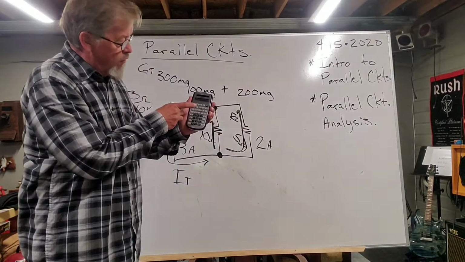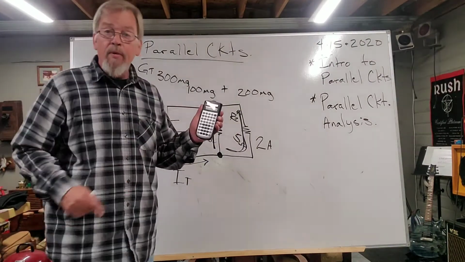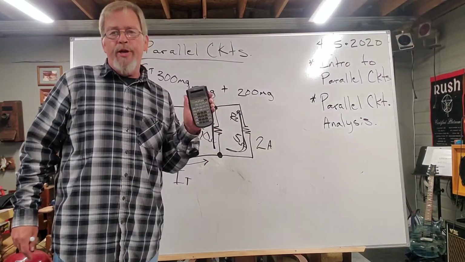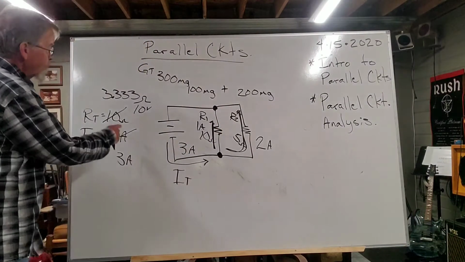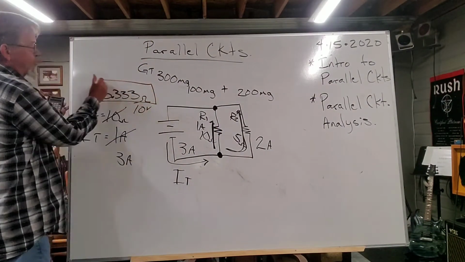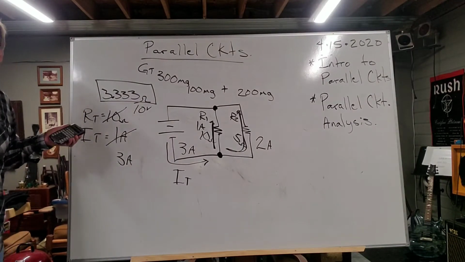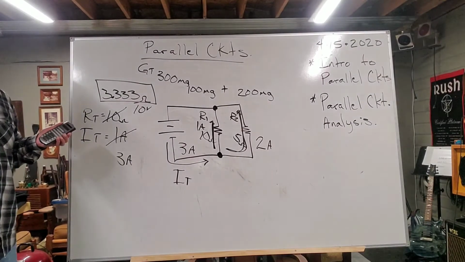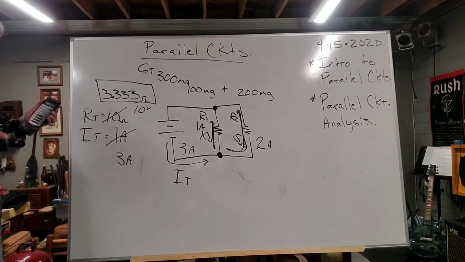And now I'm going to come over here and hit my 1 over X key. Boom! What does it give me? 3.33 ohms of resistance. The 3.333 ohms of resistance that I knew I had in there in the first place. So what do we do to do this? Let me show you.